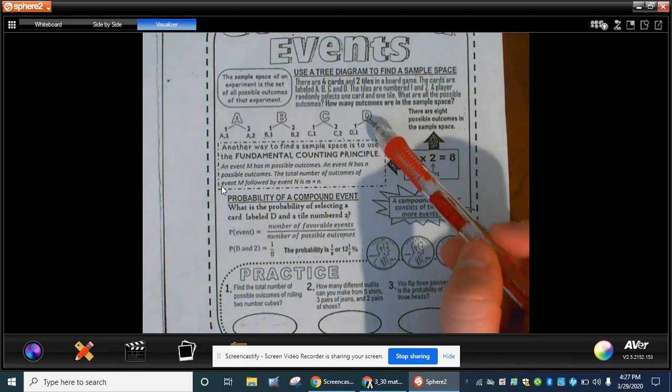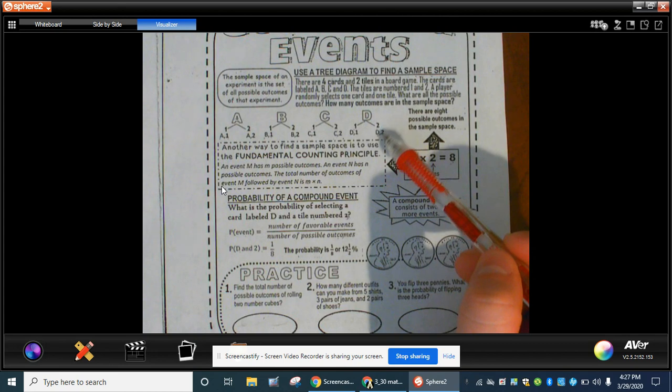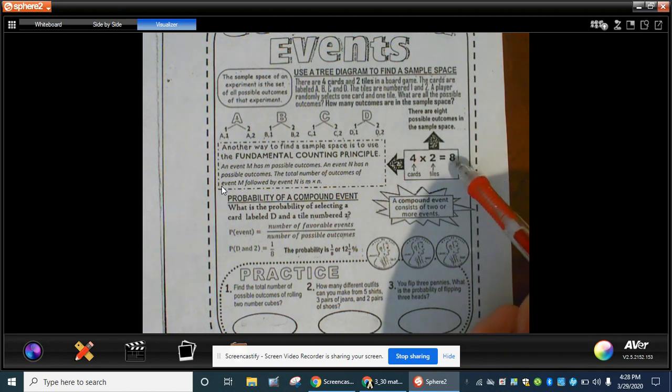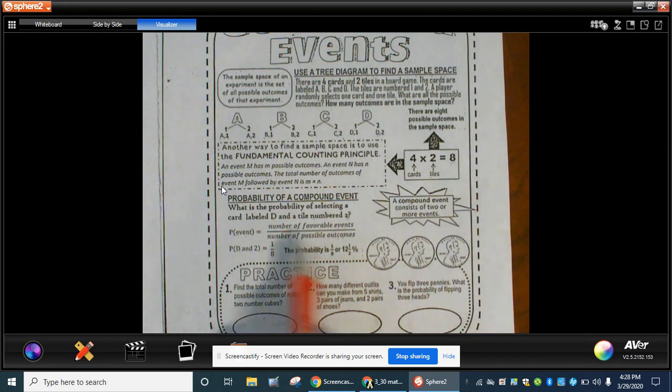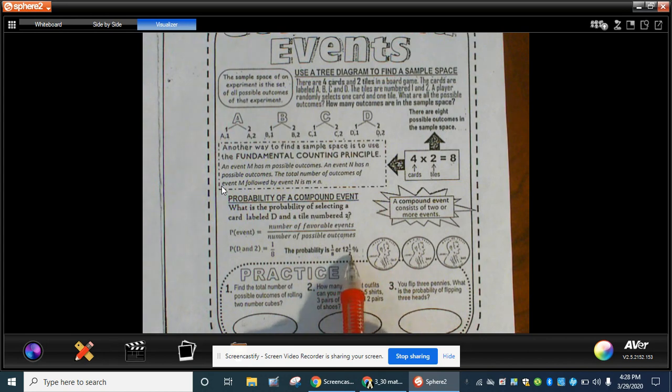Look at card D with tile 2. How many times does that occur? That only occurs 1 time. There are 8 possible outcomes. So the number of favorable events, card D with tile 2, is 1, and the possible outcomes is 8. So we're taking 1 and dividing it by 8. The probability would be 1/8, or roughly 12.5%.